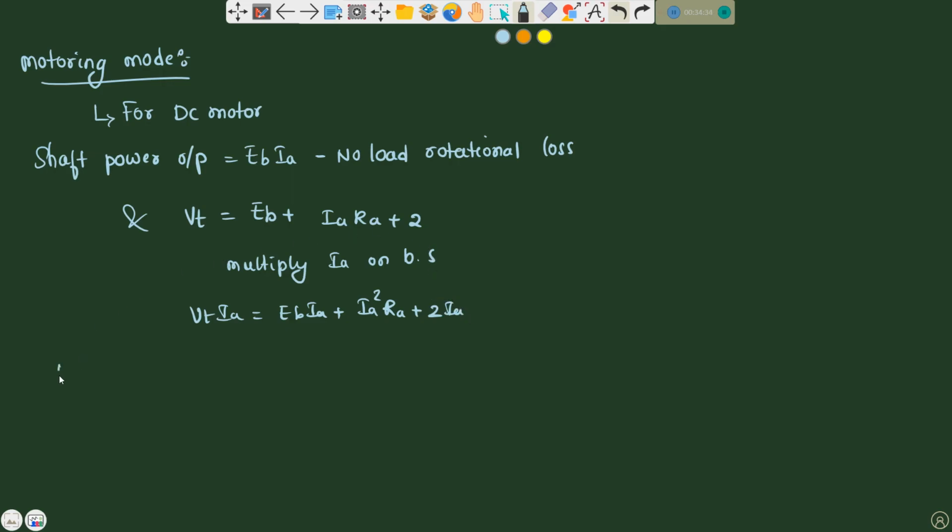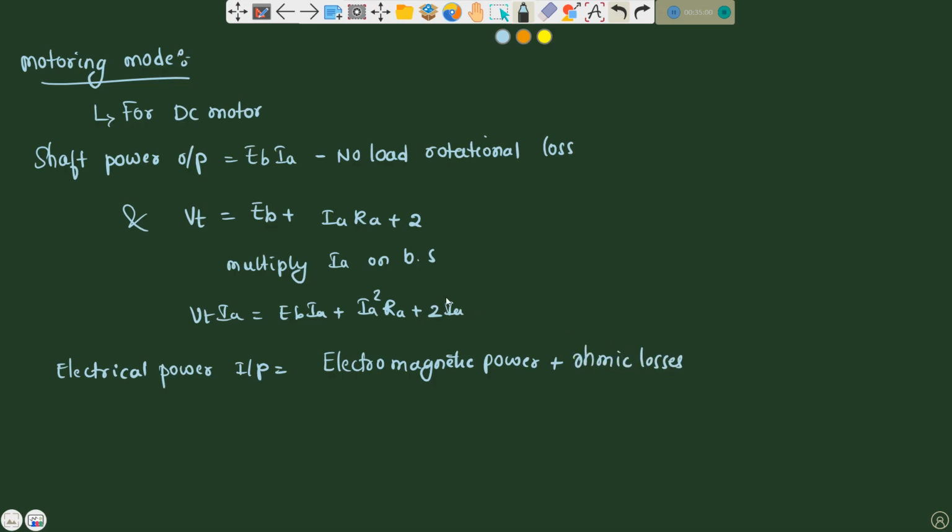So it will become electrical power input equals electromagnetic power plus ohmic losses.